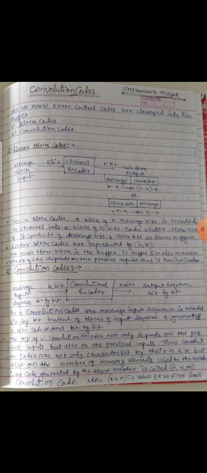Look at the block code diagram. In the channel encoder, I have taken k bits, that is the input message, in a block-wise manner, and an n-bit code block output.